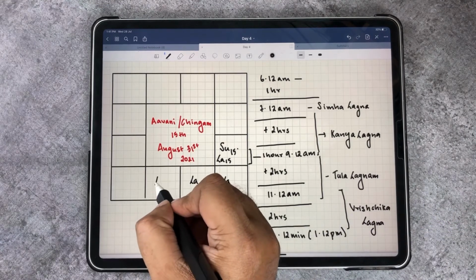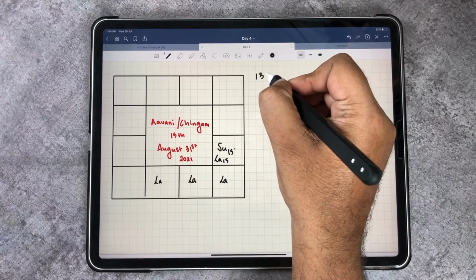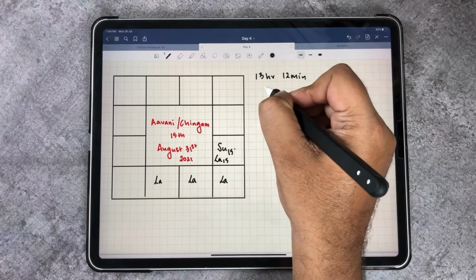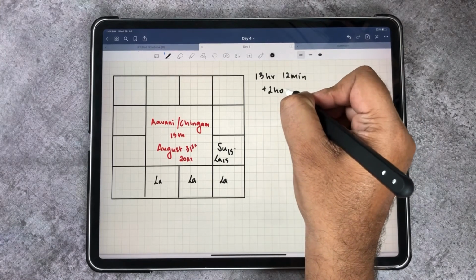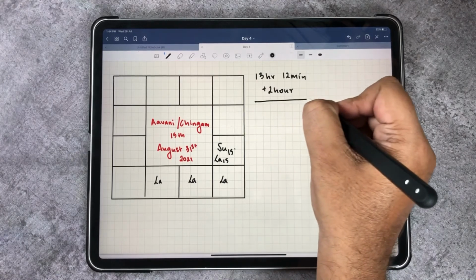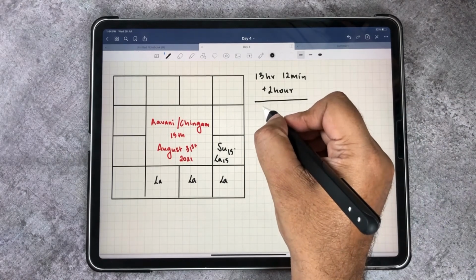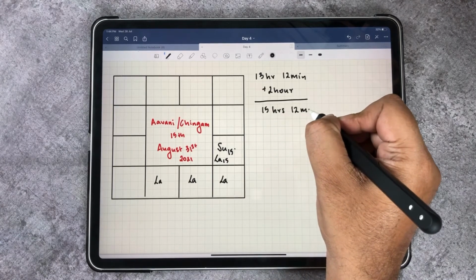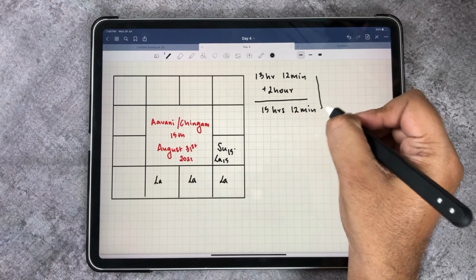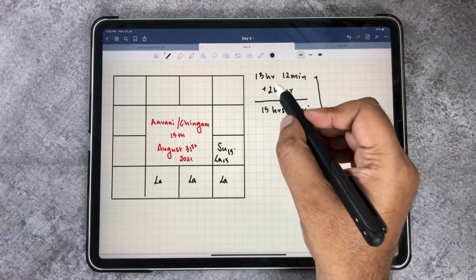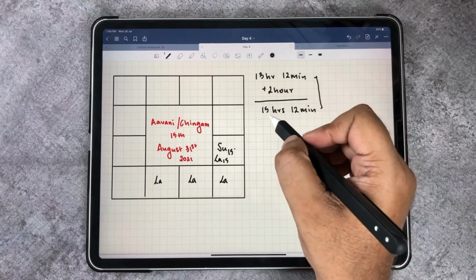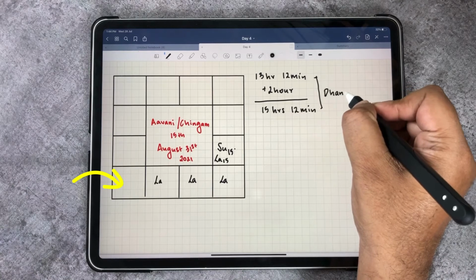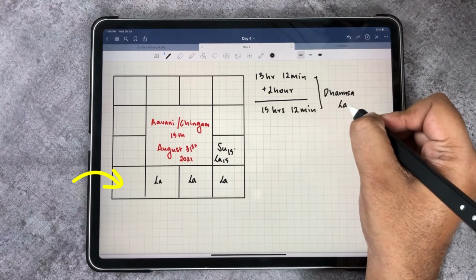Here, right? So 13 hours 12 minutes, add 2 hours, you will have 15 hours 12 minutes. So from 1:12 p.m. to 3:12 p.m. you will have the Dhanusha Lagnam. Okay.